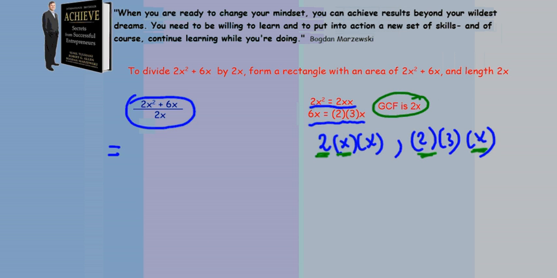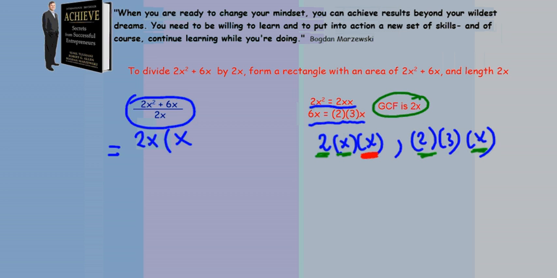So moving along with the division process, 2x now is taken outside. From the first term, 2x squared, if I take out 2x, I have 1x left.